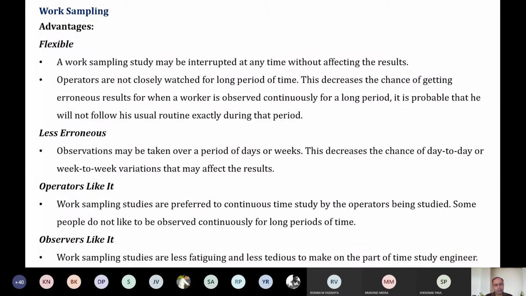If the observation time is less, he will be able to perform the job in a free state of mind, so that the job quality will also not be affected. Operators will like it because they are not being observed for a long time, and observers will like it because this will make their job easy, and they will become less fatigued while doing this study.